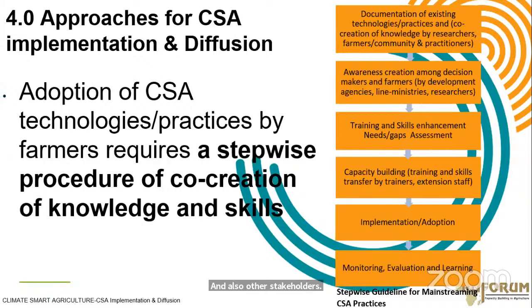Once this is done, the next step is to conduct what we call the needs or gaps assessment with respect to capacity. And then this is followed by capacity building that is informed by the gaps already identified.